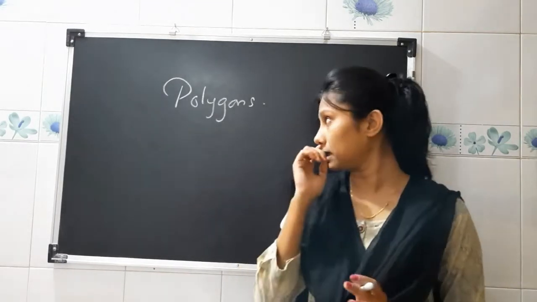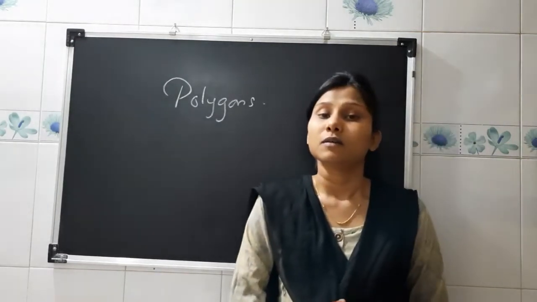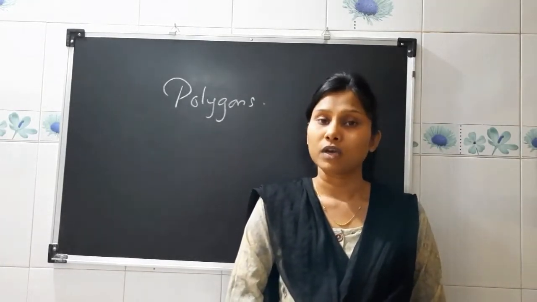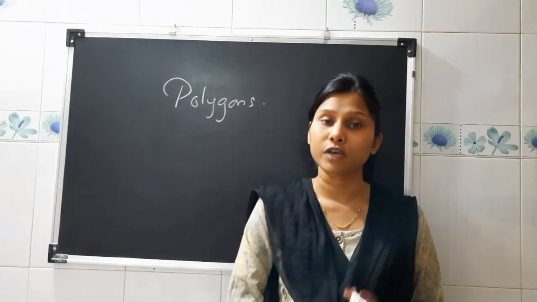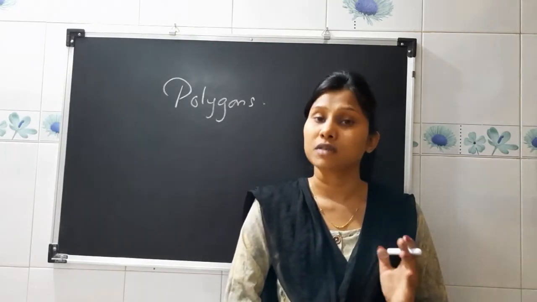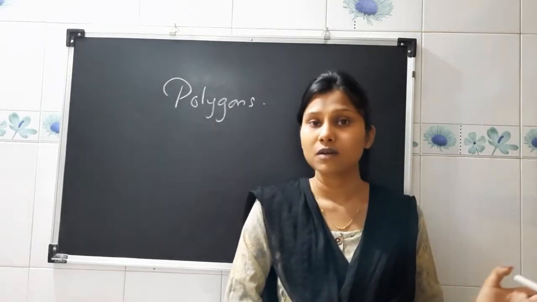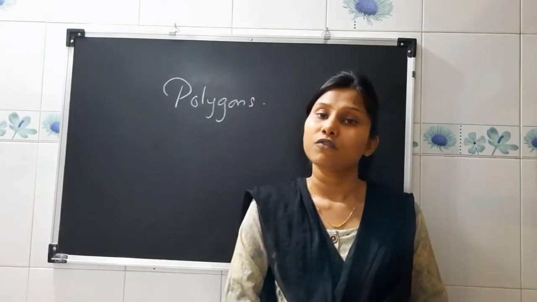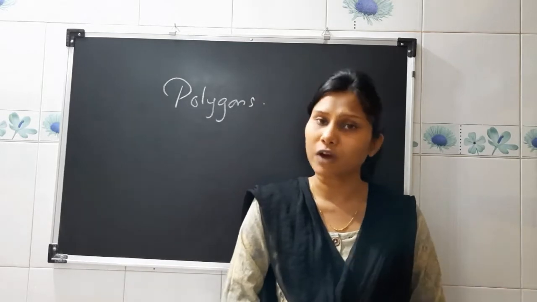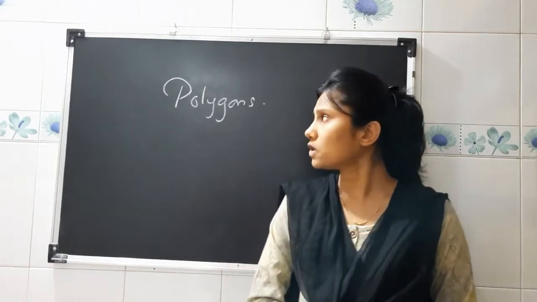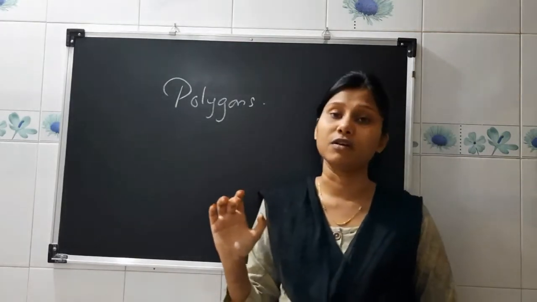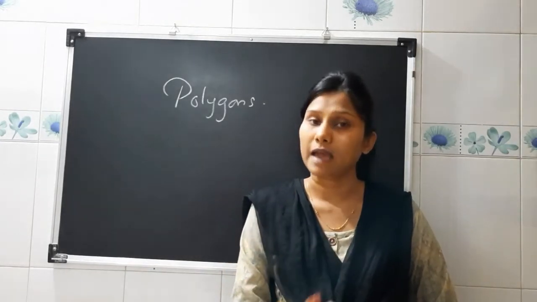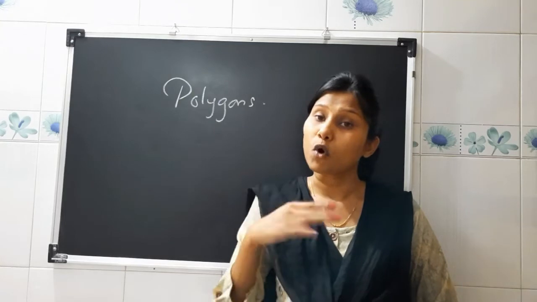So basically, polygons are plane figures with at least 3 sides and 3 angles, or more than 5 sides and 5 angles.